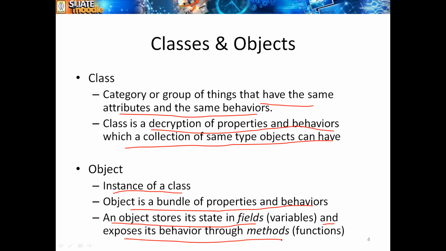This means if we have an object, it should follow the suitable class behaviors and attributes. This is very important. This is a bundle of properties and behaviors. An object stores its state in fields and exposes behavior through methods.